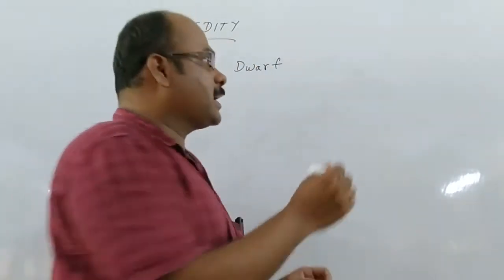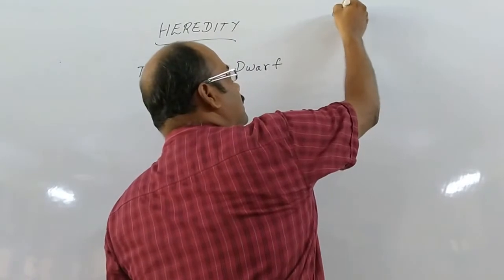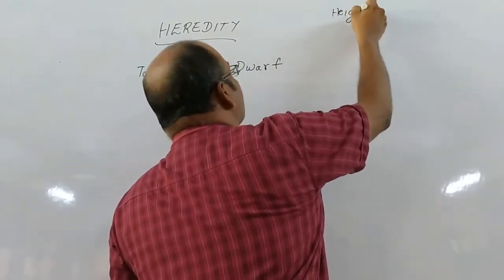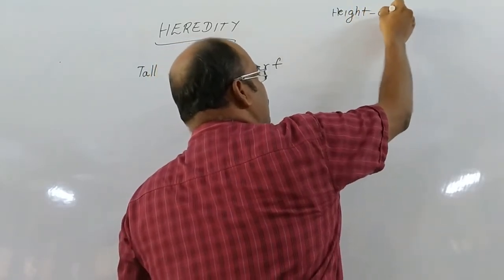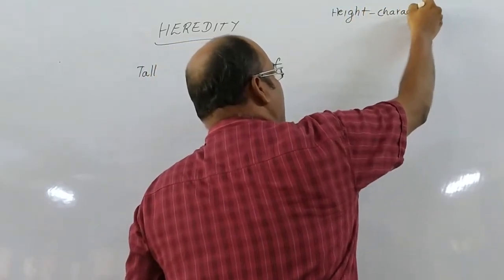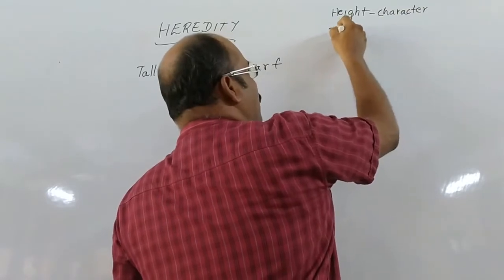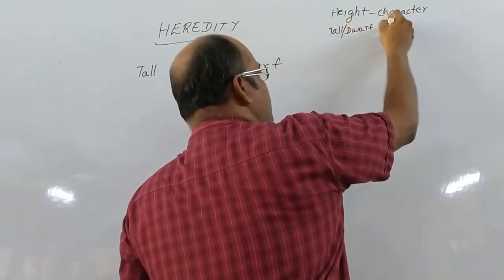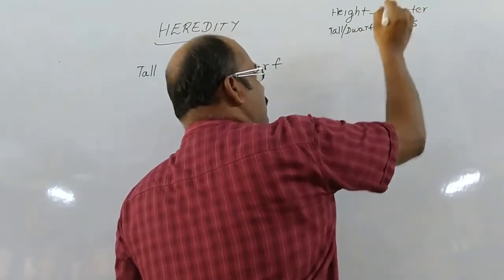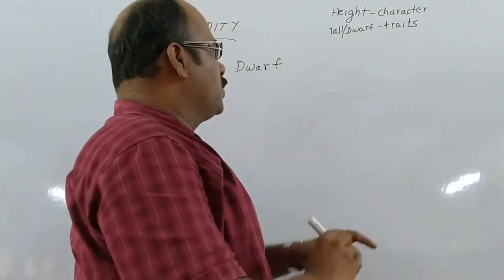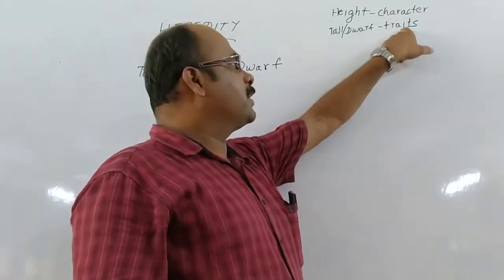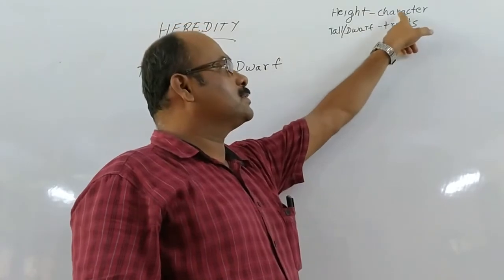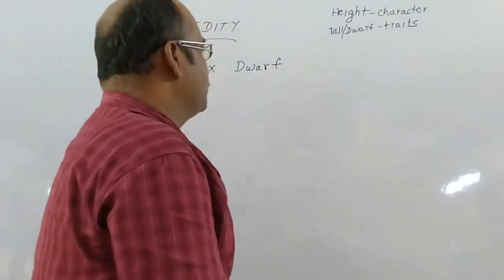So height is the character, and tall and dwarf are the traits. Trait is nothing but different degrees of a character.